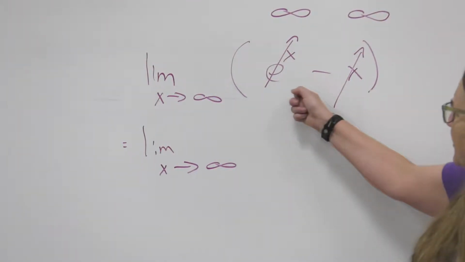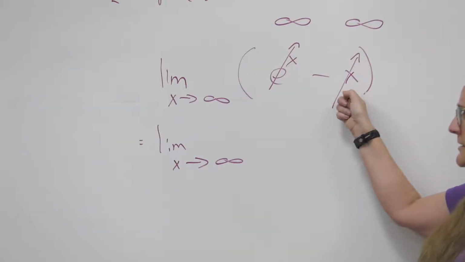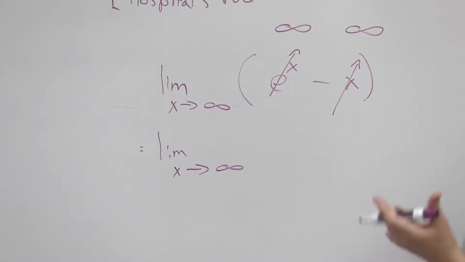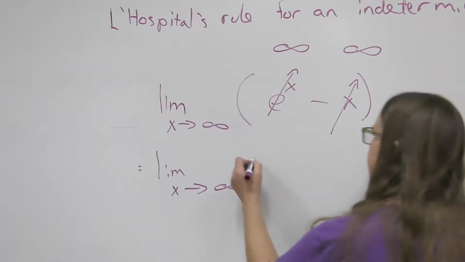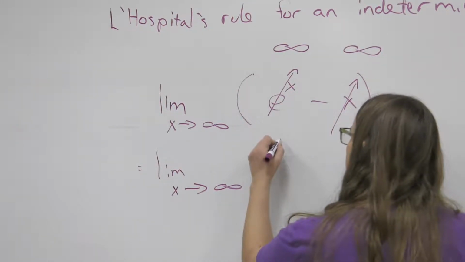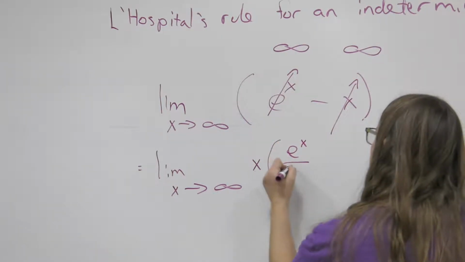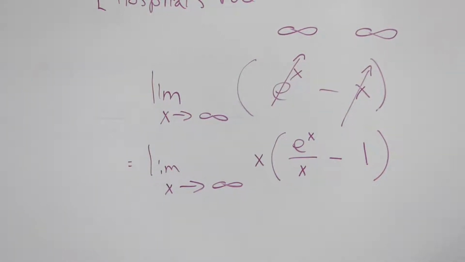And you might say, what on earth can she factor out, because these guys have nothing in common? And you're absolutely right, these guys have nothing in common. But I'm just going to pick one and factor it out. Just for kicks, I'm going to pick x. So I'm going to factor out an x. If I factor out x, I'm going to get e to the x over x minus 1.